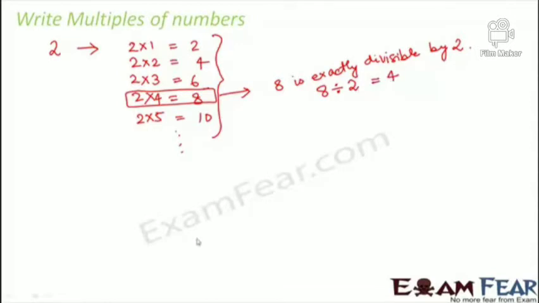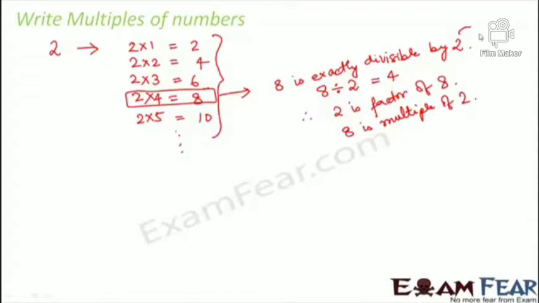You get 4. So that means that 2 is a factor of 8 and it also means that 8 is a multiple of 2. So that is the simple concept of factors and multiples.